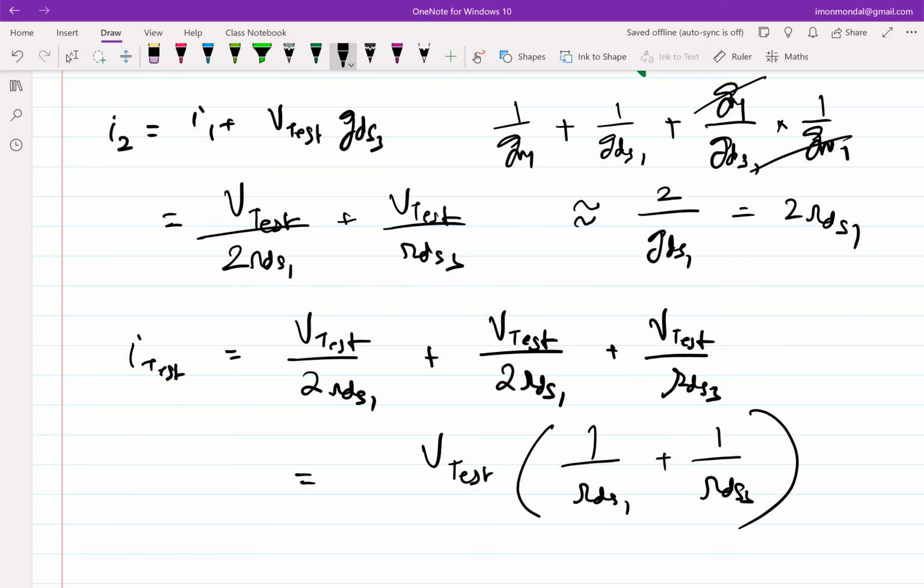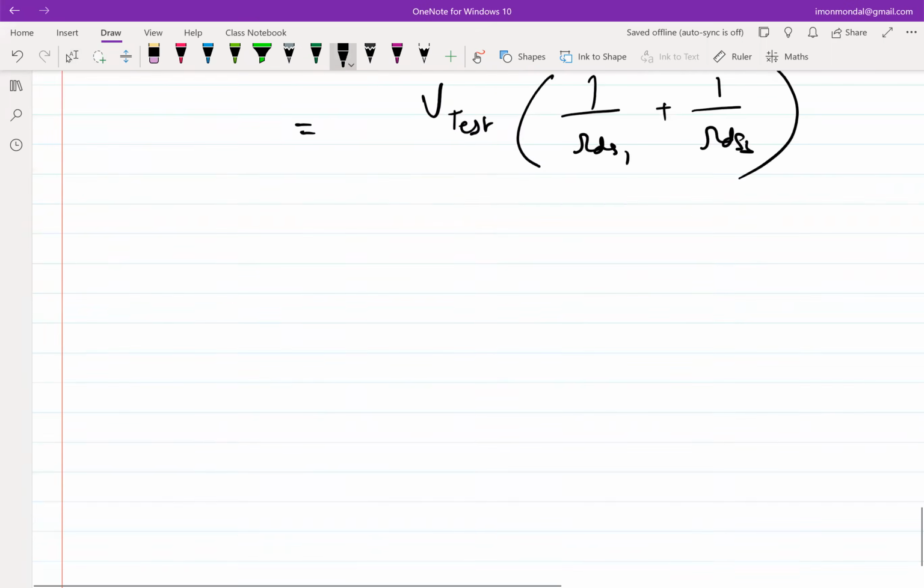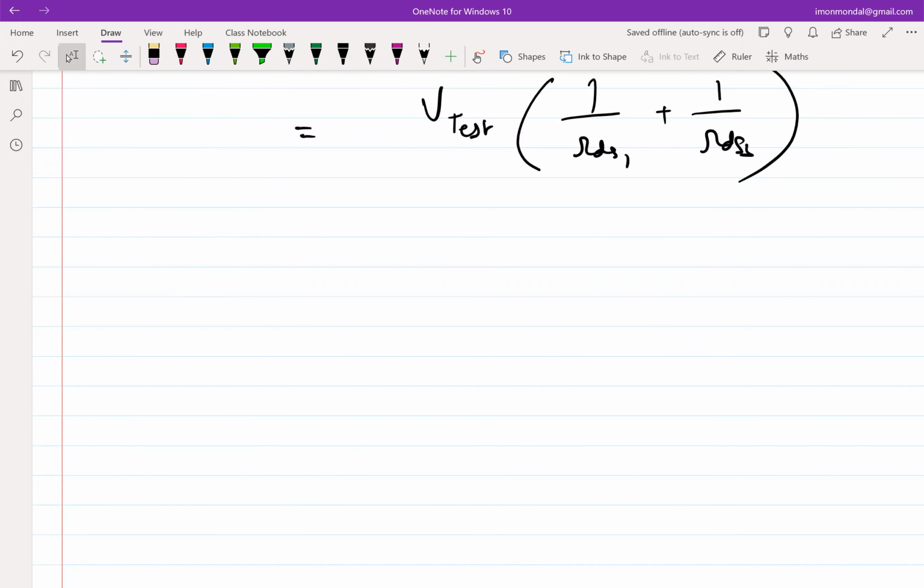This expression is equivalent to saying that I have two resistances RDS1 and RDS3 in parallel. So essentially our diff amp with active current mirror load also boils down to the Norton equivalent of that, which is GM times VI.